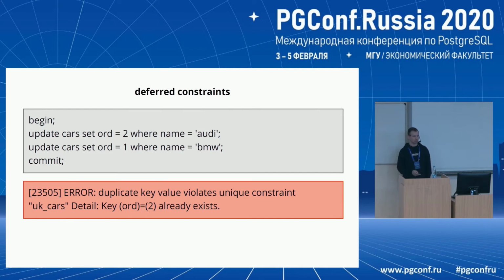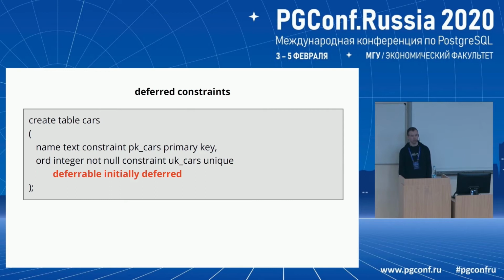You have a limited number of inserts. The third option is to make a deferred constraint, and it will be checked at the commit stage. Since all values should be unique, at the moment of commit, the query will be successful and it will be readable.